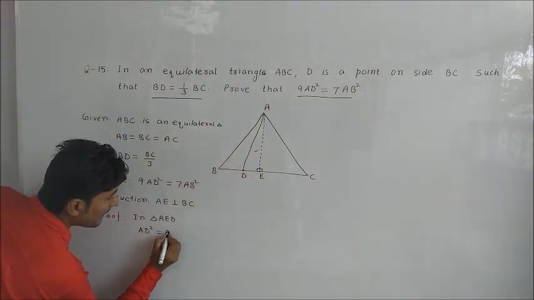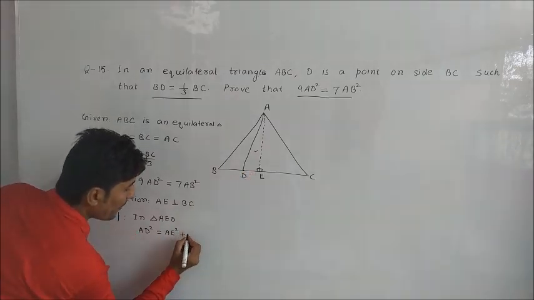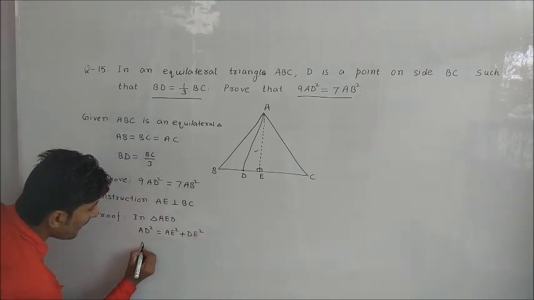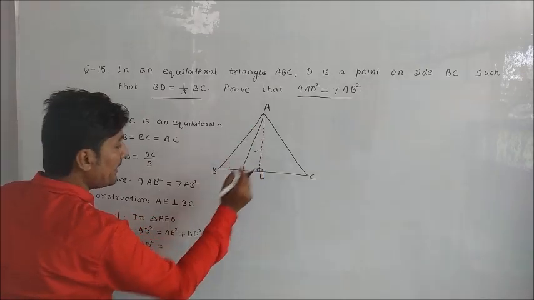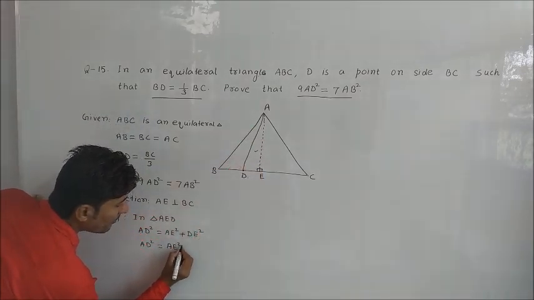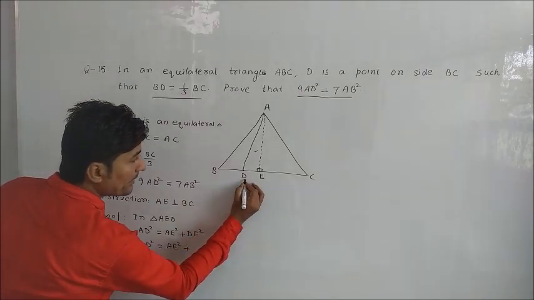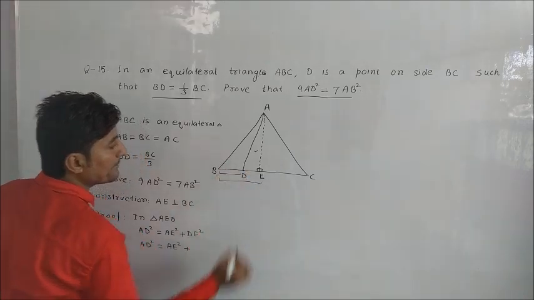AD square will be as it is, AE square will also be the same, there will be no change right now, plus DE square. This DE can be written as BE minus BD.